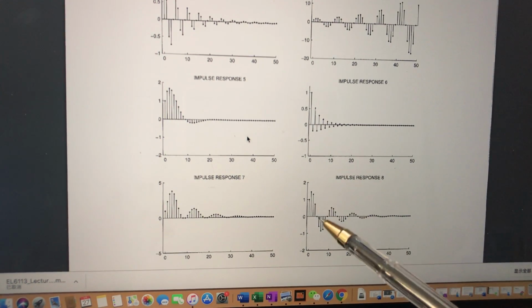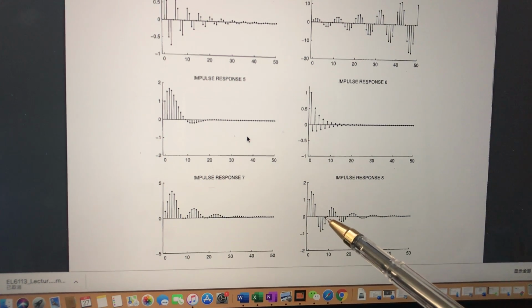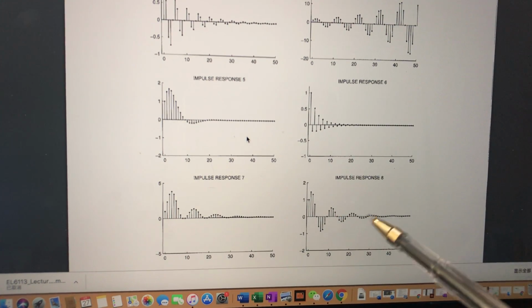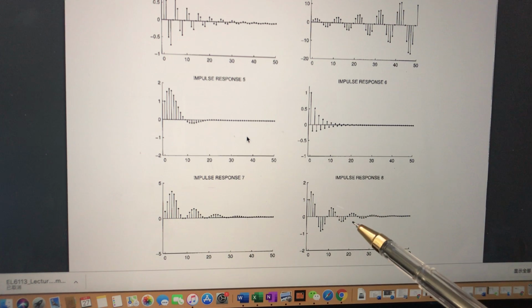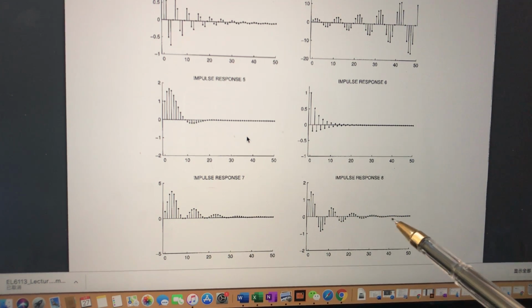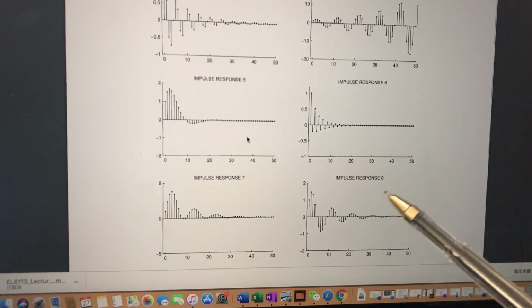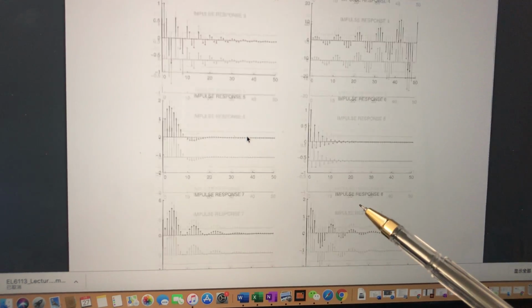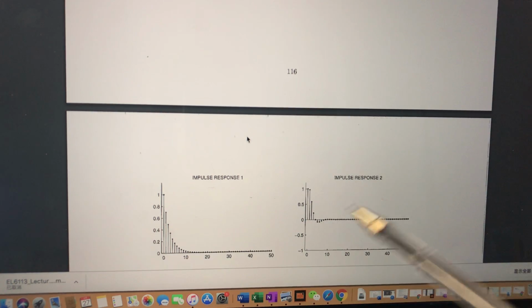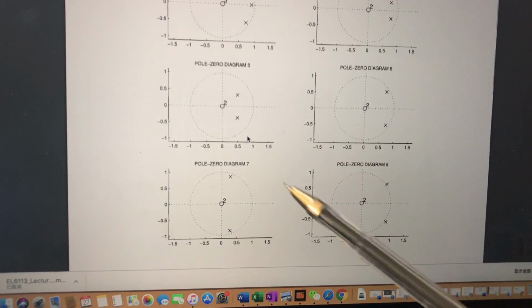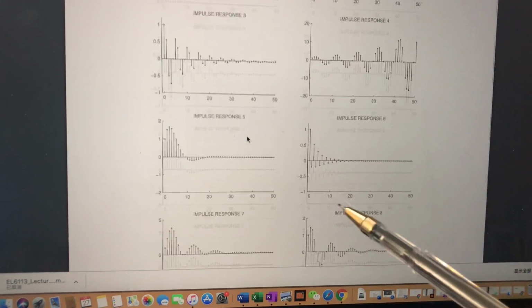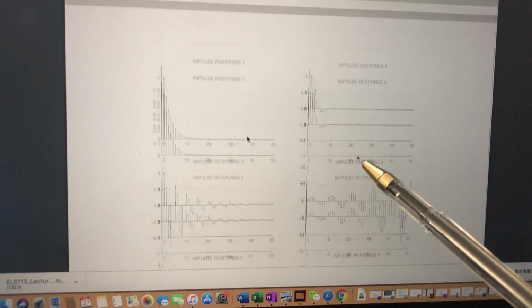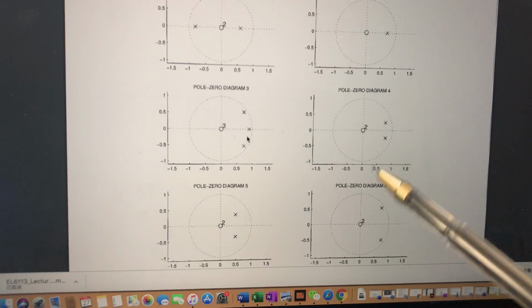It starts from here and ends at here, so that is one period, but it's not convergent until more than 40. So the speed of convergence is much slower than this one. So this one is matched with diagram 5, and this one is matched with diagram 6, this one.